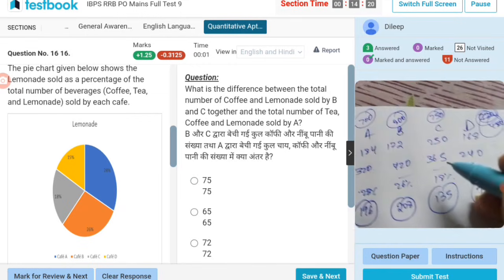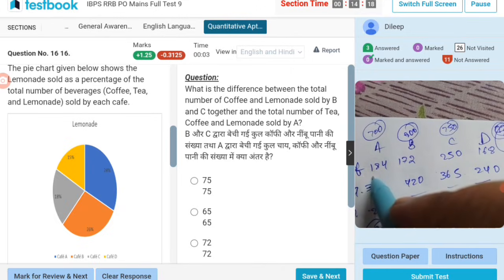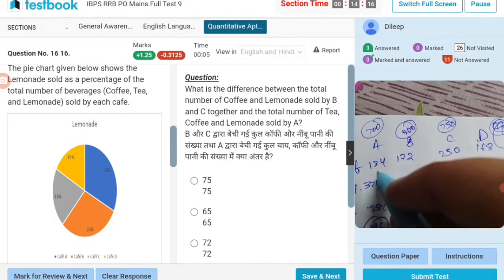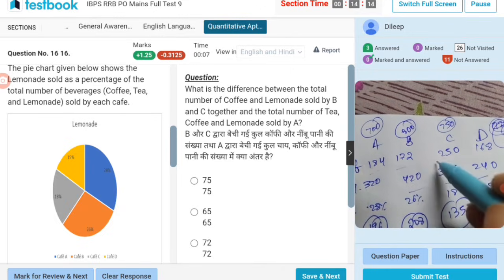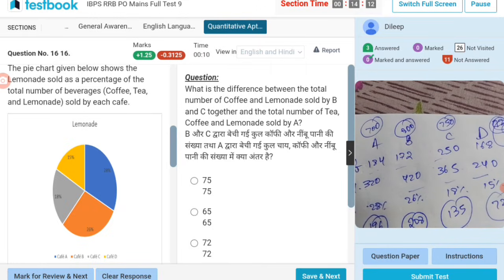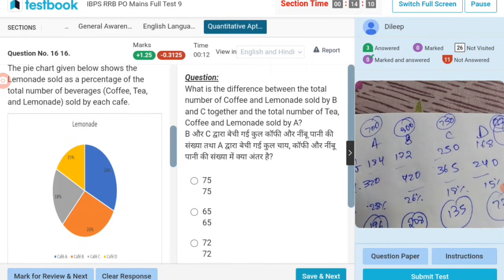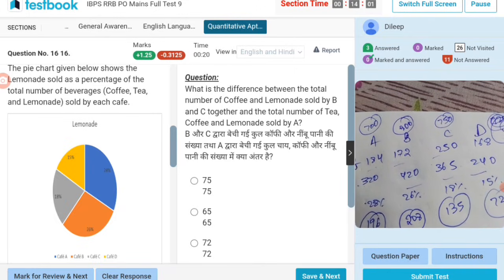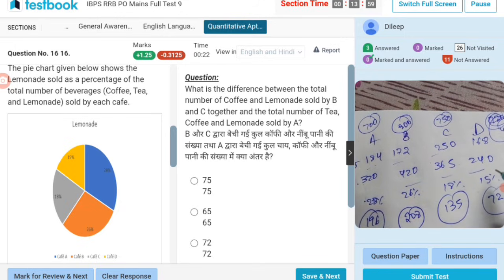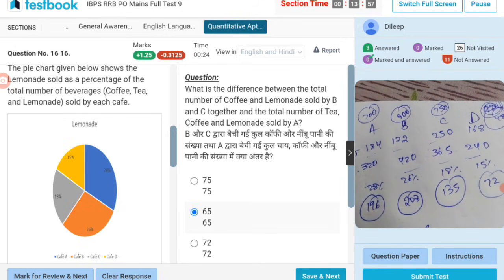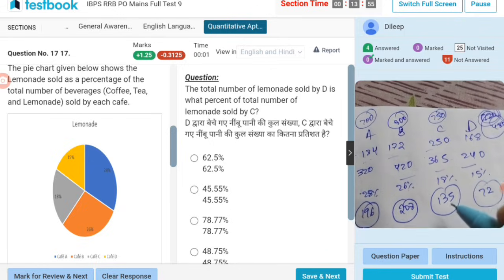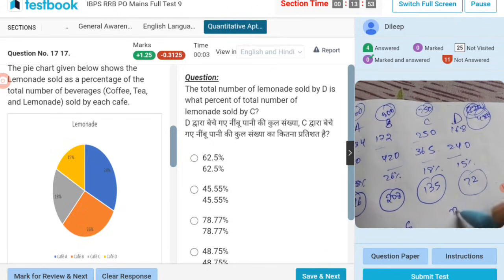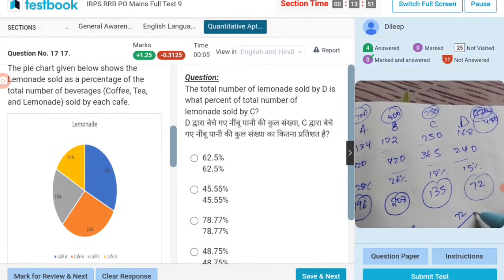The difference between total number of coffee, luminoid of B and C together. Five, 6, 765. Tea, coffee, luminoid 65. Luminoids of tea is what percentage of C.